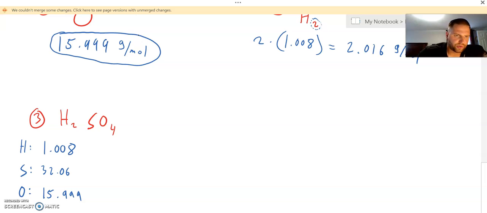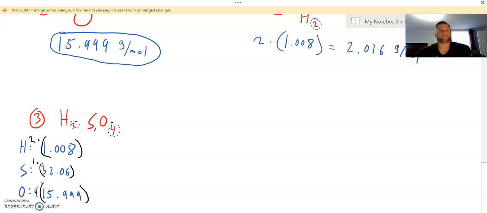Now let's follow the subscripts. So I have 2 hydrogen. Multiply that by 2. There's a single sulfur because there is no subscript, so this gets multiplied by 1, you could say. And then how about oxygens? Well, there's 4 oxygens, so we have to multiply this number by 4.